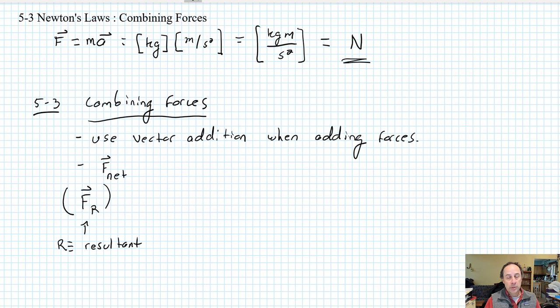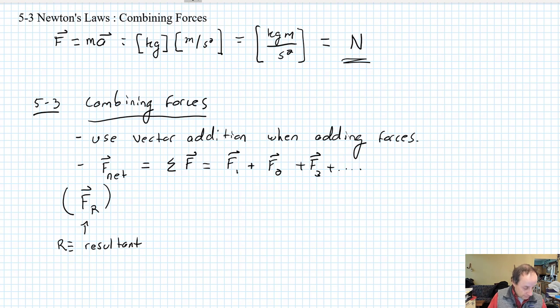So summing the forces to one force that is the sum of all those forces. You can see it written a couple different ways. So that F net is just the sum of all the forces that are acting on that body. So a vector addition of F1 plus force 2 plus force 3, and so on as far as it goes.